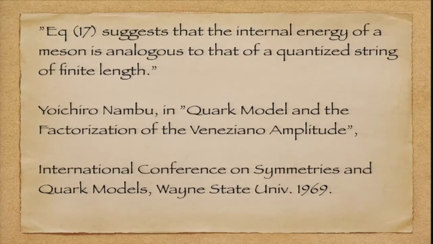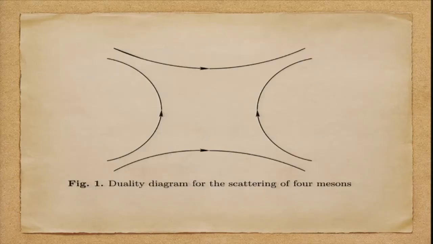So a popular way of drawing these diagrams, and if you remember when David talked, he was saying that a meson was like a string with some force field in between, was to think about it like this.